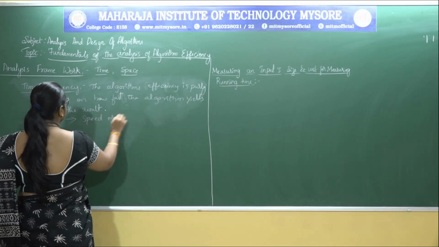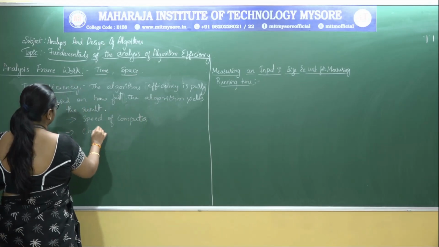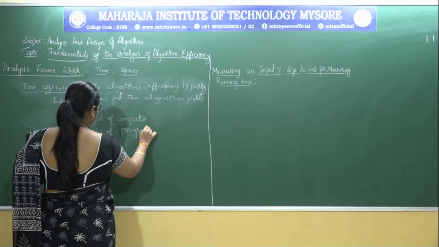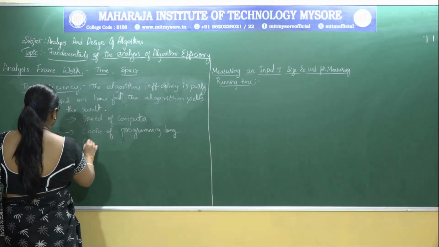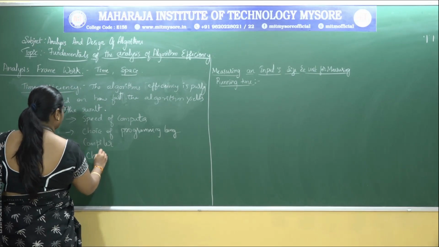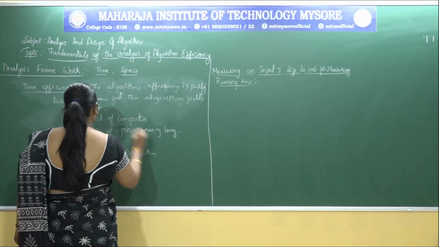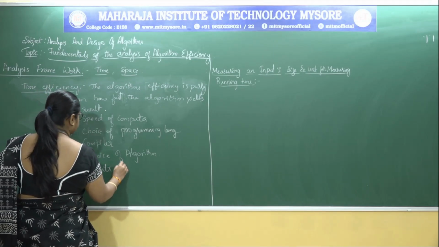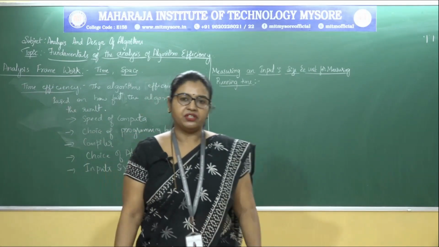It might depend on the speed of the computer, and then the choice of programming language, and then the compiler, and then the choice of algorithm, and then the input size.